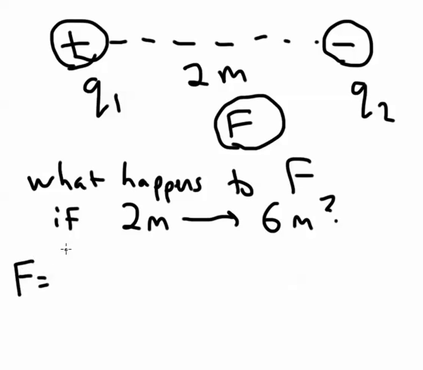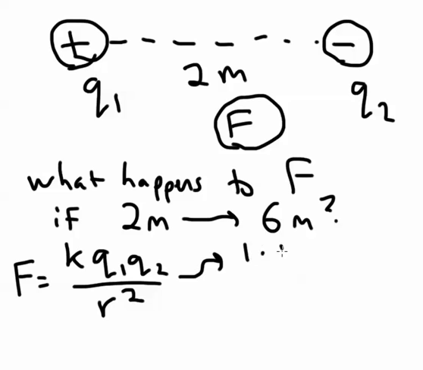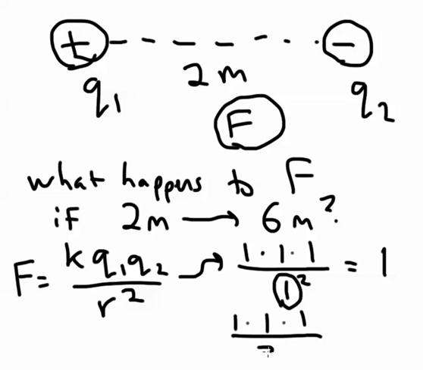So F equals K Q1 Q2 over distance squared, and we're going to make that be 1 times 1 times 1 over 1 squared equals 1. And then we're going to triple the distance. So the distance is 1, and we're going to see what happens. When we triple the 1, it becomes 3 squared, which equals 1 over 9.